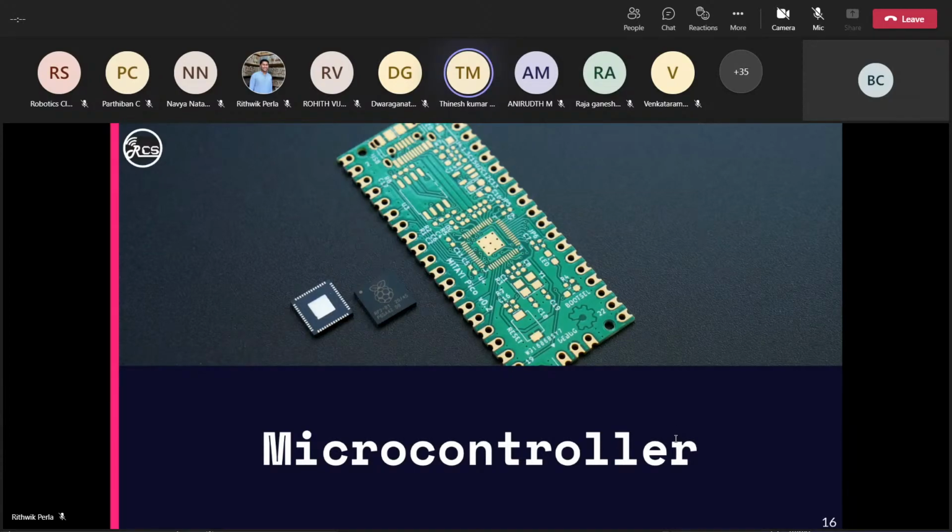Just think, you might have used some product which involves a microcontroller. I'm sure you might have used it, but you may not know it. Just give it a guess. I'm not going to judge your answers. I just want your guesses.